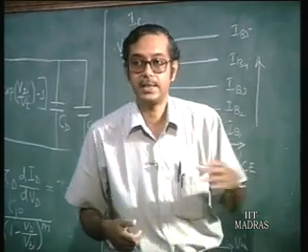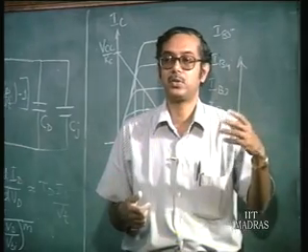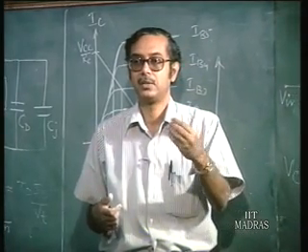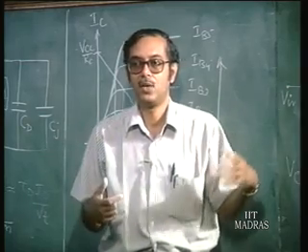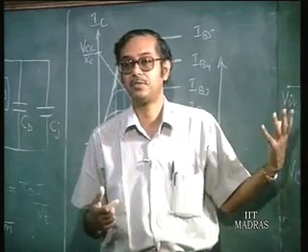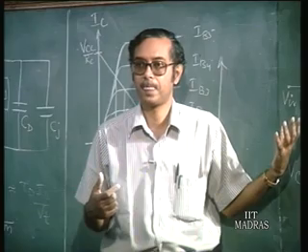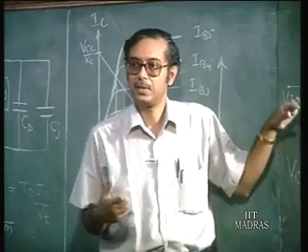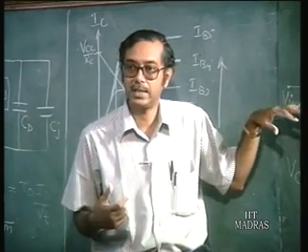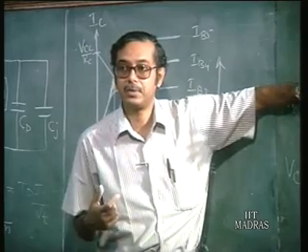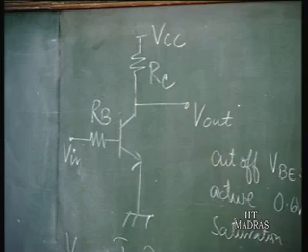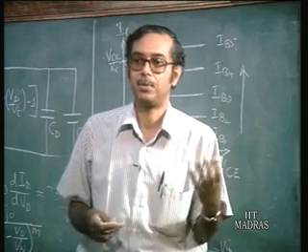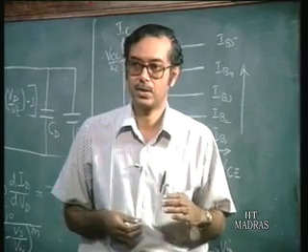An electromagnetic switch you could switch on and off just a few times in a second, whereas here you can switch it on and off millions of times per second, with the applied voltages changing. That is the advantage one derives from the bipolar transistor.